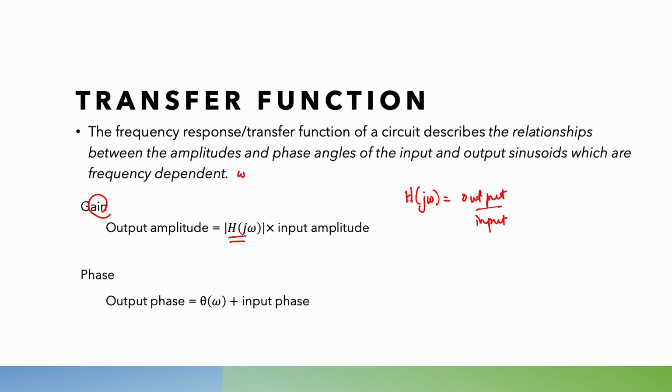When we talk about frequency dependence, of course it relates to phase. To know the phase difference, represented as theta of omega, we take the output phase minus the input phase.